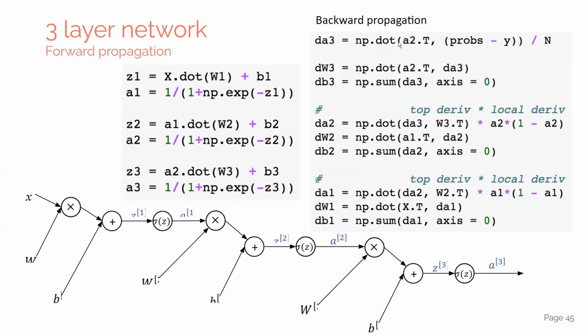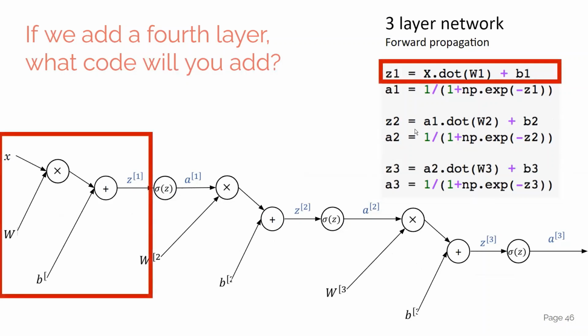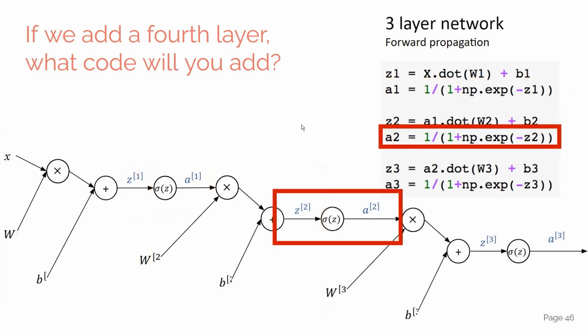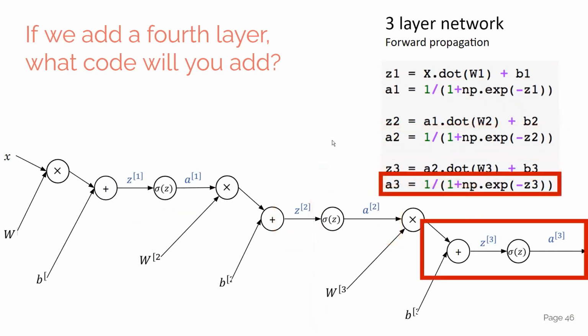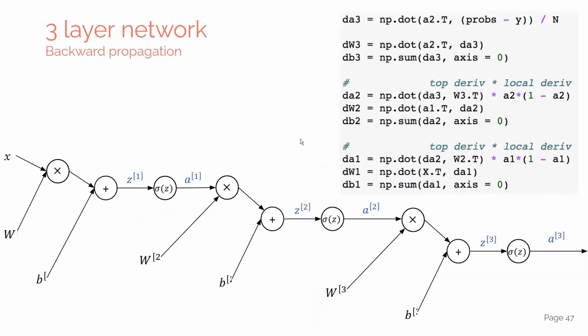And same goes for the backpropagation, the derivative. As I mentioned, if you add a fourth layer, it's going to be like that.